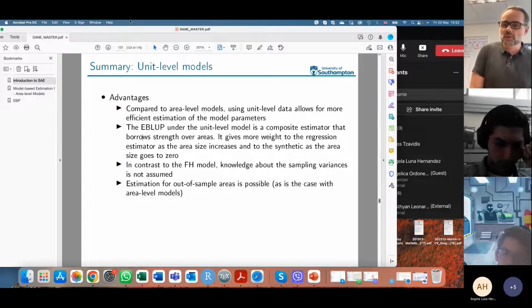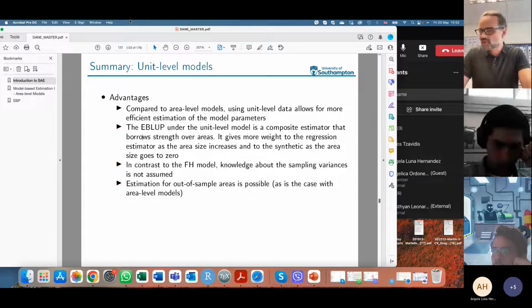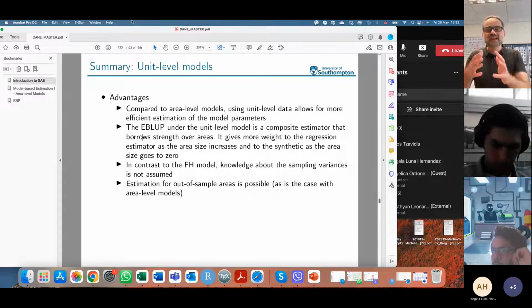The EBP under the unit level model is a composite estimator that borrows strength over areas, as is the case with the EBP under the area level model. It gives more weight to the survey regression estimator as the area size increases, and to the synthetic estimator as the area size goes to 0.